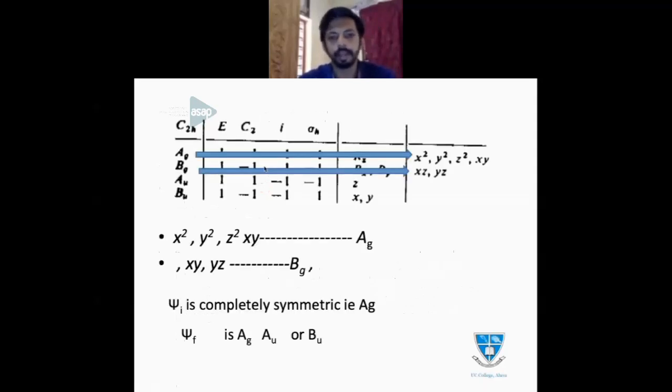Raman spectra. In the Raman spectra, we take the quadratic terms, and the quadratic terms contain only Ag and Bg. Psi I is a completely symmetric representation Ag, and psi F we have determined using the normal modes of vibration, that is Ag, Au, and Bu.